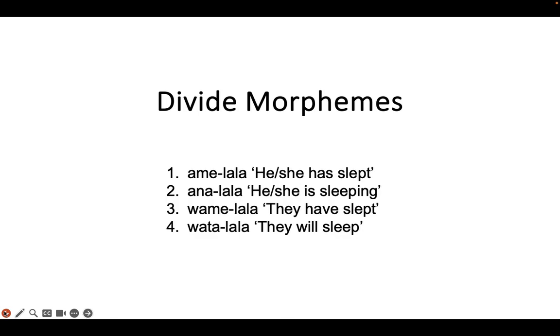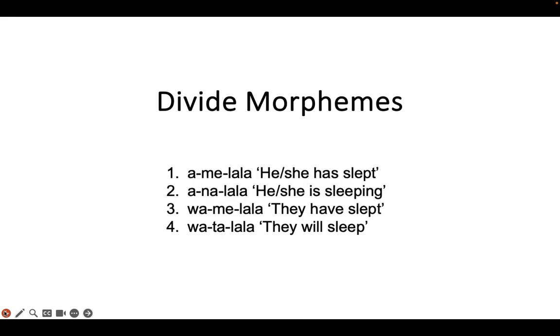And then if you look at the ones that have they as the subject, you'll notice those all begin with wa. All right, so we can guess that a is probably a morpheme that means he or she, and then wa is a morpheme that means they. And so if we put more morpheme boundaries there, we're going to end up with this division.